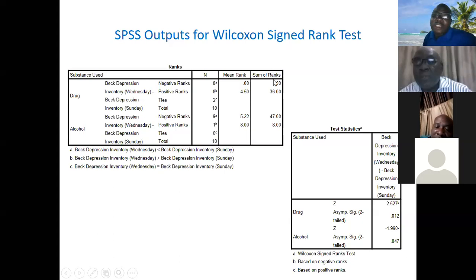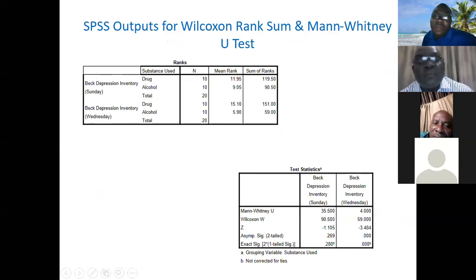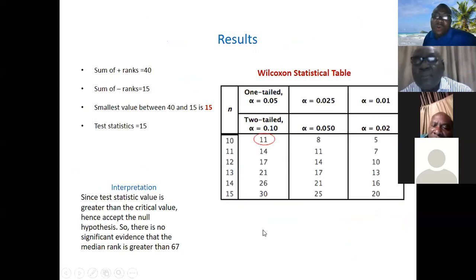You see the Wilcoxon of 0 and the Wilcoxon of 8, and the sample size for each of them is 10. If you look at the example I gave here, the critical value for sample size 10 is 8. Can you see now? That's why both of them are significant.